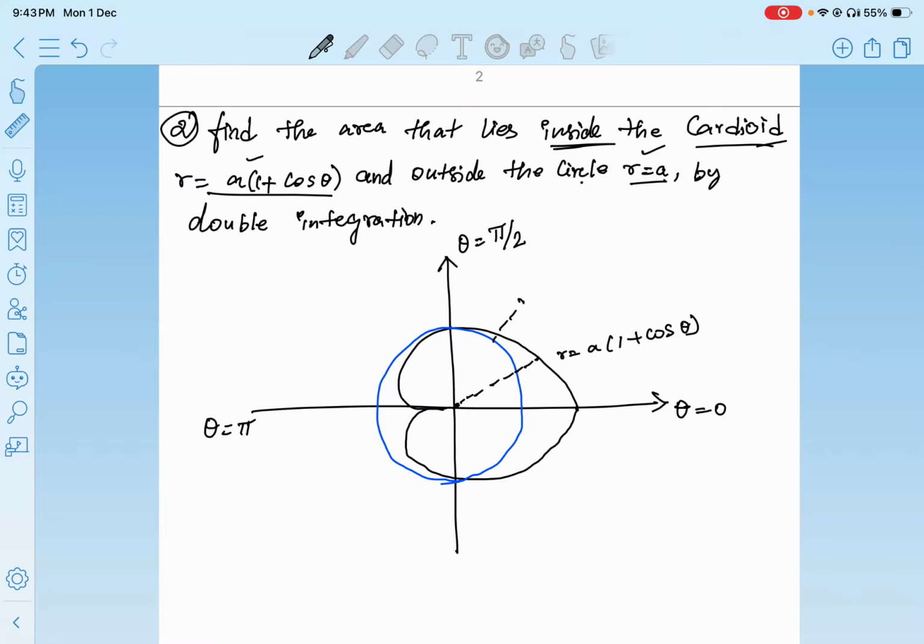Your r equal to a. Now I am going to find the joining points on the theta line, that means the pi to 0 line, where the cardioid is joining here and your circle is joined here.